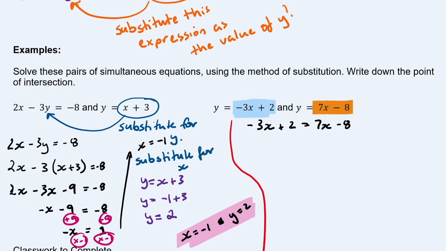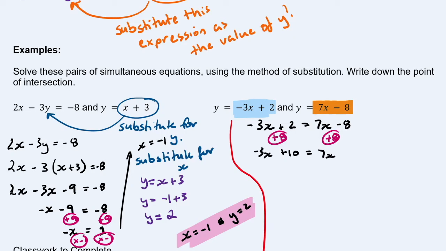Now, because I've got some negatives in there, I'm going to go a little bit backwards in terms of what I'm doing. I'm actually going to add 8 to both sides. It's going to give me minus 3x plus 10 equals 7x.